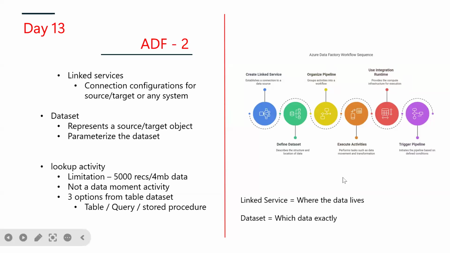Because to execute anything, you need computation in terms of CPU, RAM, memory. All that will be taken care of by the integration runtime. As of now, we are building our pipelines inside the ADF GUI and executing inside the ADF GUI itself.